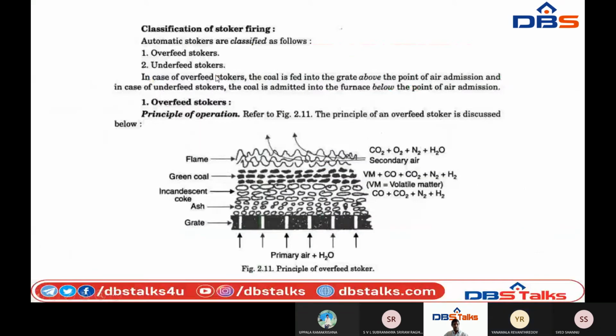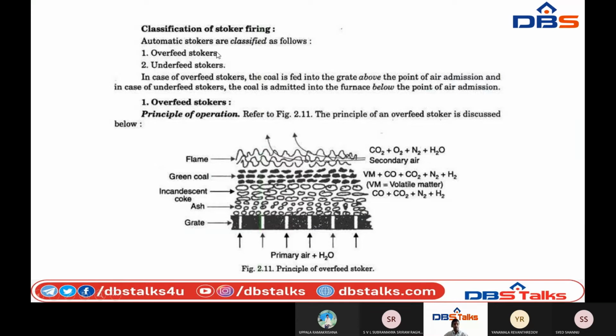Coming to the classification of stoker firing, we have two classifications: overfeed stokers and underfeed stokers. In overfeed stokers, we are feeding the coal into the furnace above the point of air admission. The second one is the underfeed stoker.